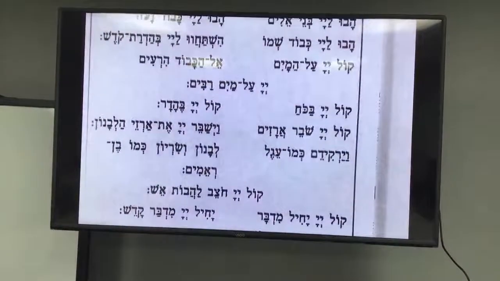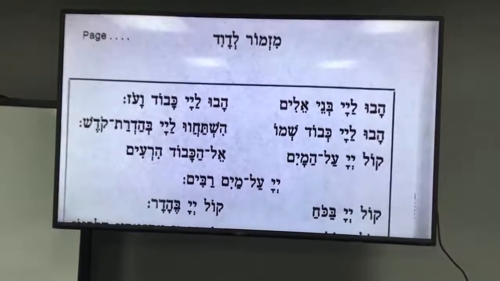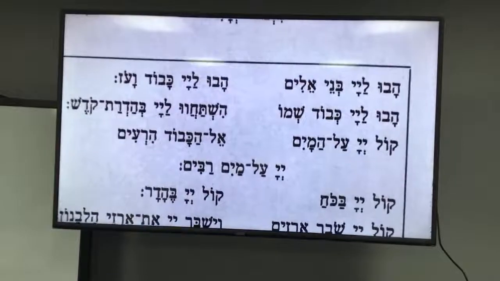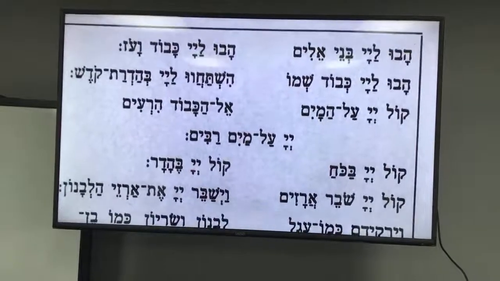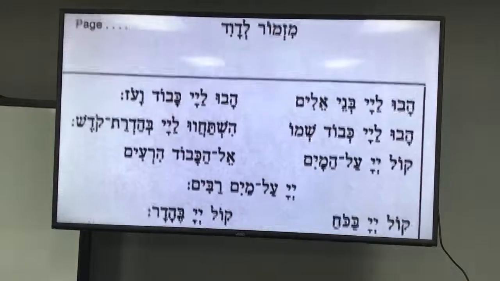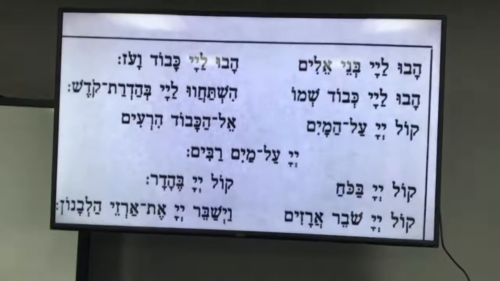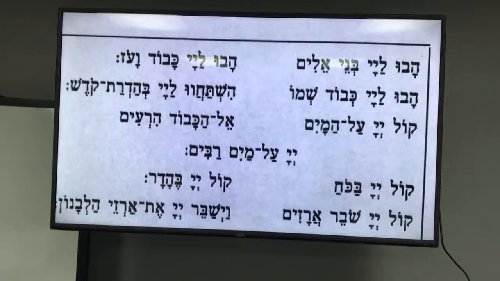All right, Baruch Hashem. Is it kosher? That's a question. Are llamas kosher? I don't know. I've never had llama. I think they're more like a camel. I don't know if they have hooves. I think they do have hooves, but not like a horse.